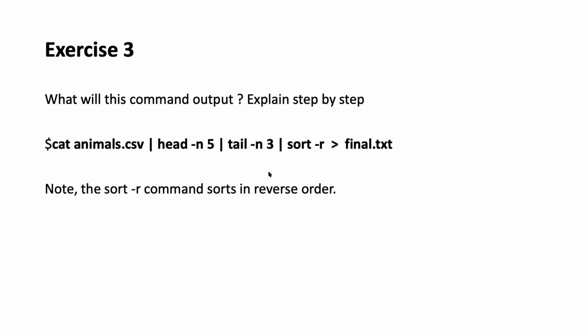And the last 3 is going to be the input of the sort -r command. And then at the end, this is what is redirected to final.txt in the reverse order. Okay. Cool. I hope that is clear, right? Before I move to the next command.